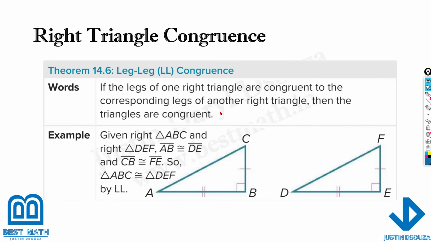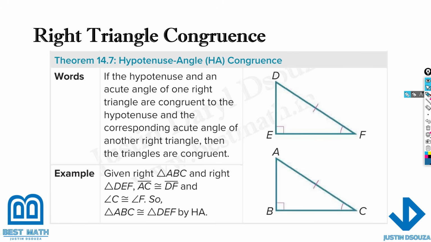That's LL congruence. What about hypotenuse and angle? If you know the hypotenuse, that will be the side opposite the right angle, and one of the angles, it can be this angle or this angle, hypotenuse and at least one of the angles. See, it should be a leg angle. Why? Because the hypotenuse, the opposite side, is always 90 degrees. One of the other angles, that's it.